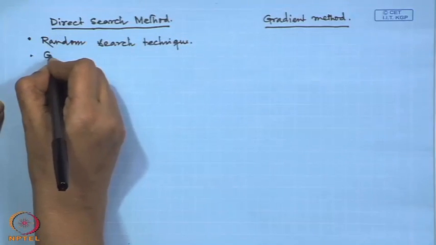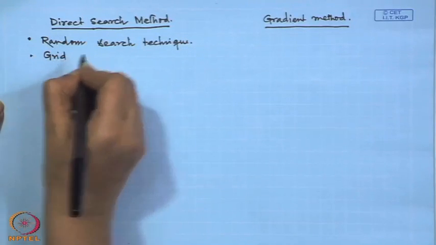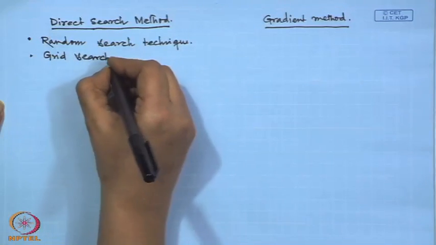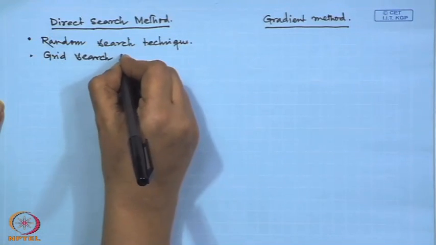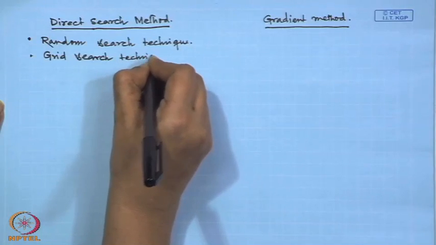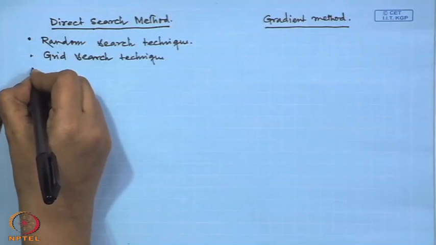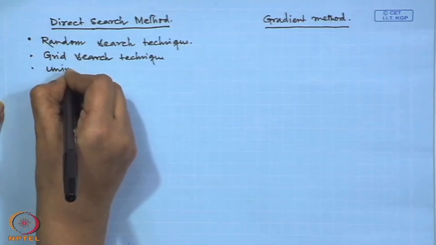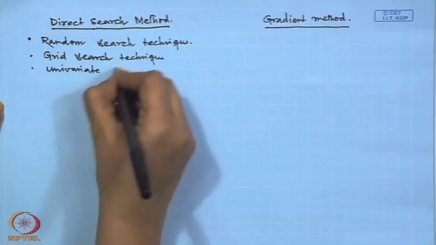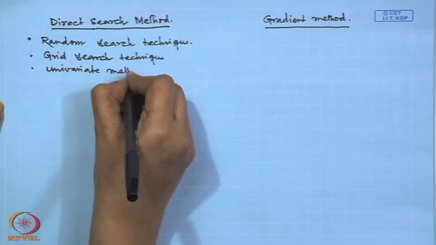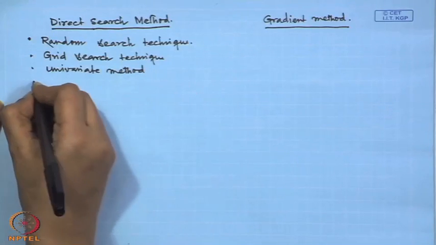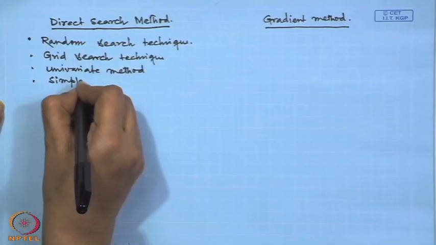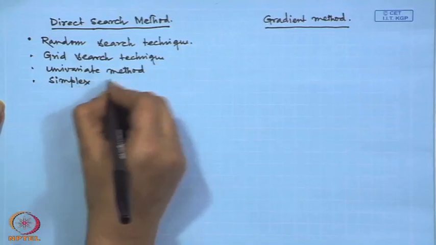Then we can go for the grid search technique, which is also a very popular method for dealing with unconstrained optimization problems. And there are several other methods also: one is the univariate method, and the simplex algorithm, another popular method for solving unconstrained optimization problems.